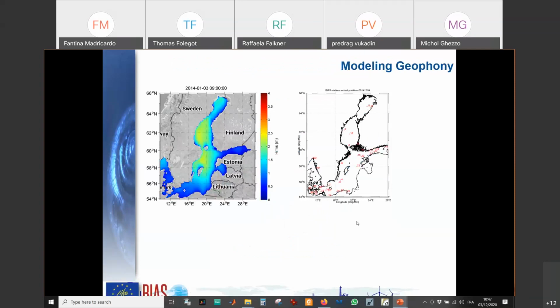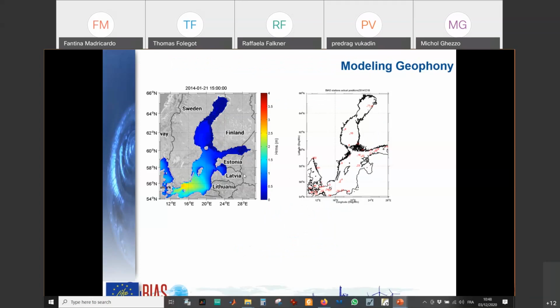So just one word on how we do the modeling of the wind, the natural noise. Actually, we're currently changing the way of doing this, but I think this is still an interesting approach. This is an example. It has been developed in the BIAF project.